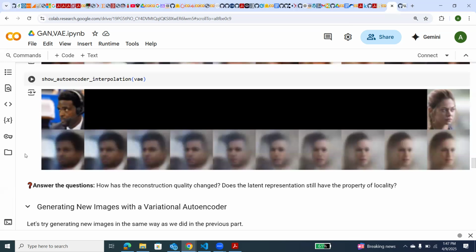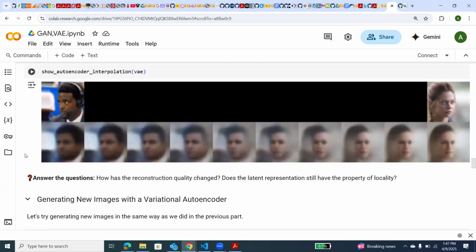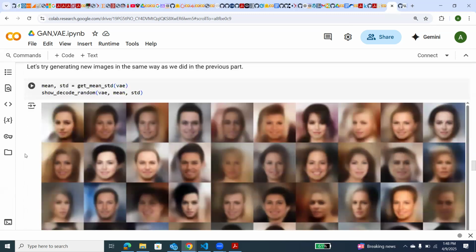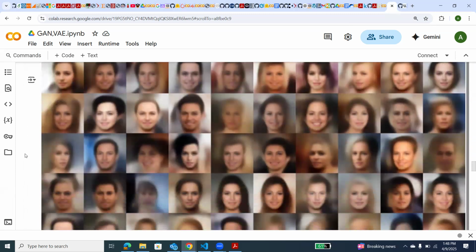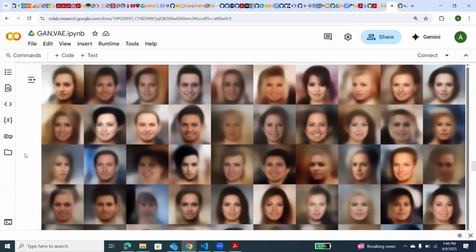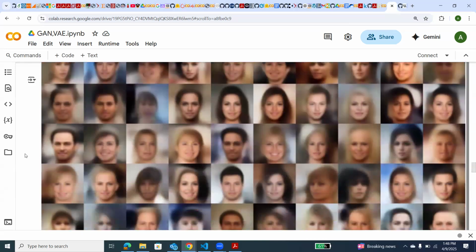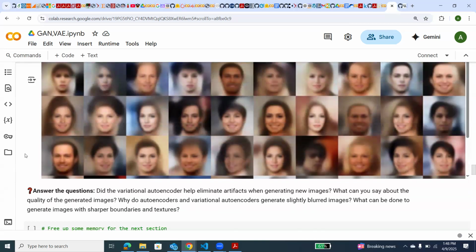If you look at the latent space Z, we just take two arbitrary images, apply the encoder, get the vector representation Z, and then we can interpolate between the Z vectors. It looks continuous too. And for the generation of new images, now the background doesn't look unrealistic like in the previous autoencoder example. And we have diverse faces, a little bit blurry.